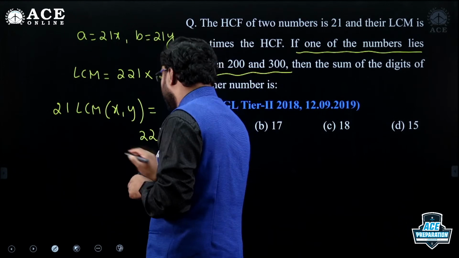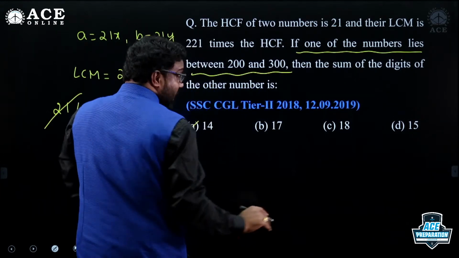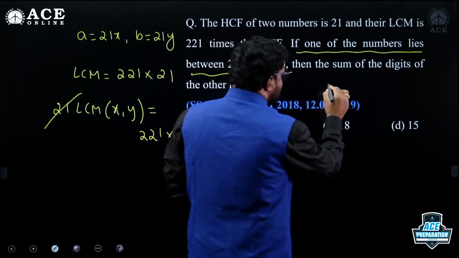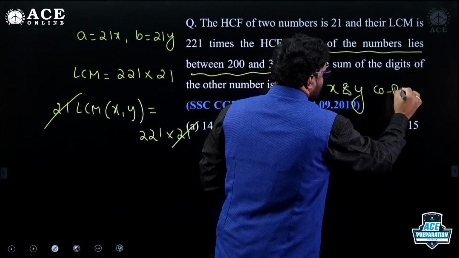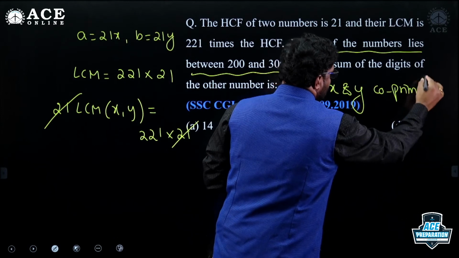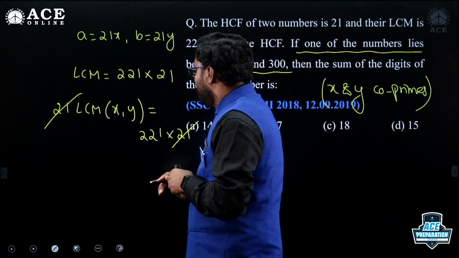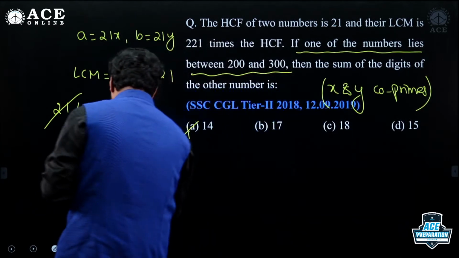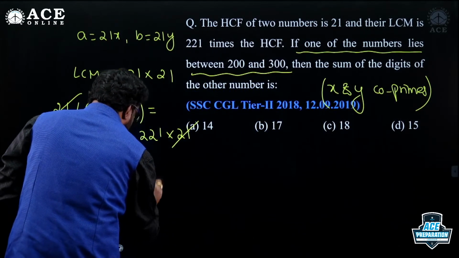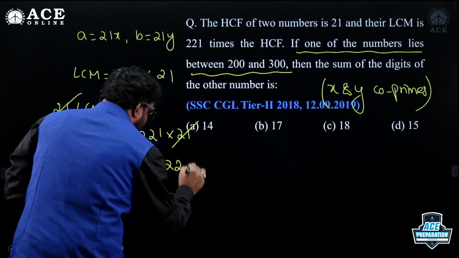Here 21, 21 cancel. We know x and y must be co-primes, my dear friends. So when x and y are co-primes, the product is 221.